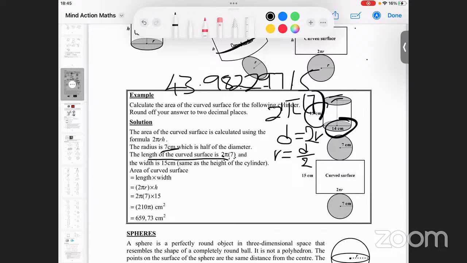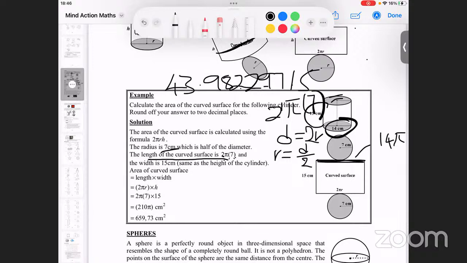The radius is 7 centimeters, which is half of that. The length of the curved surface is 2 pi r. Let's just say 14 pi to avoid writing all those long numbers.